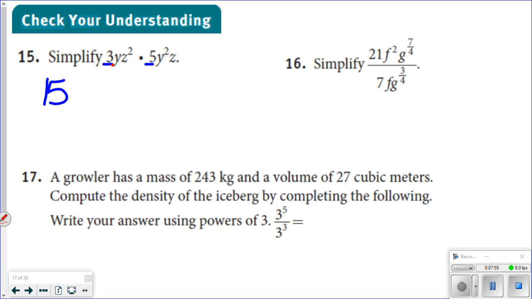Then I have a y to the 1st power and a y squared, so 1 plus 2 is 3. And then next I have a z squared and z to the 1st power, so 2 plus 1 is 3. So 15y cubed z cubed is our final answer there.